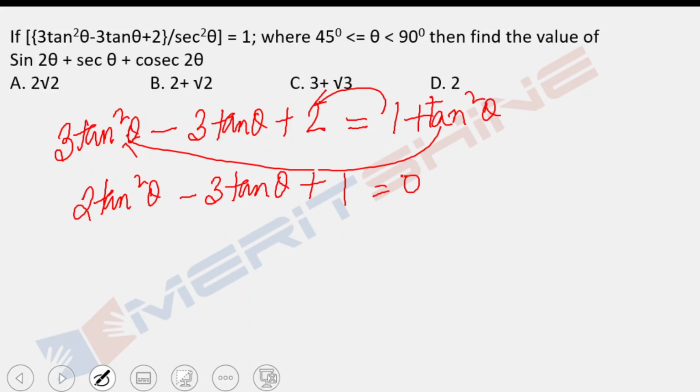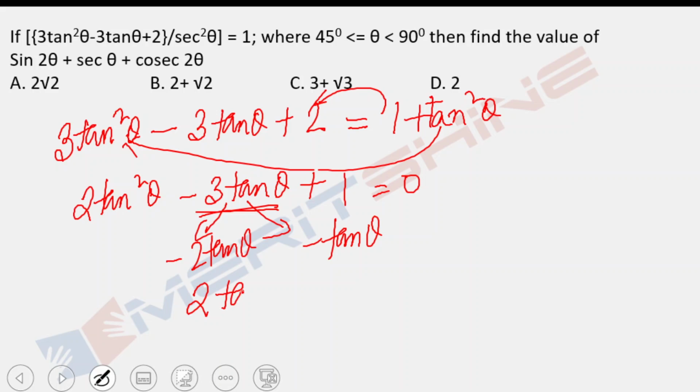Right? Now, you can obviously solve this equation. I hope that you have an idea of how to solve equations such as these, and very simple, break them into middle term factors. One would be minus 2 tan theta and another would be minus tan theta. So, when you put them together, you will have two roots of this.